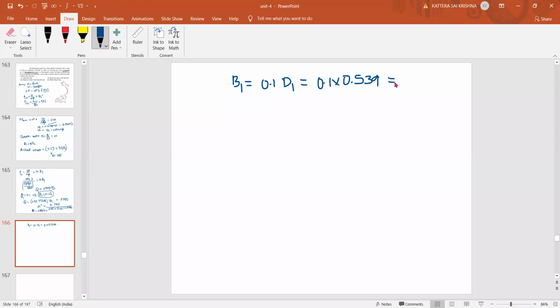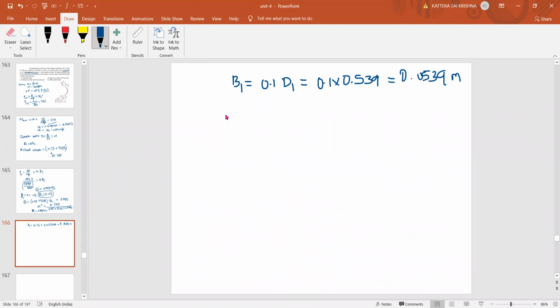Right. So B1 equal to 0.539 divided by 10, so 0.0539. Yes, because 0.1 you can write as 1 by 10. So by 10 means the decimal point shifts. So 0.0539. Correct? Yes. Any doubt up to here?